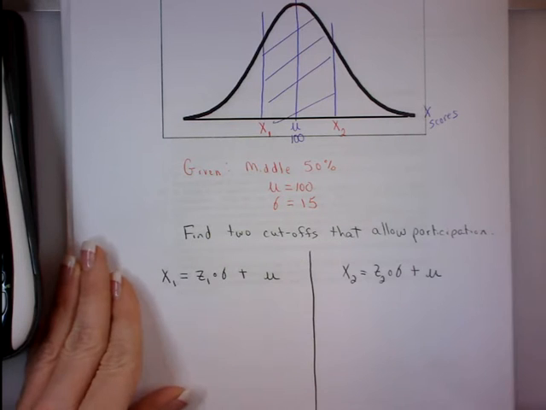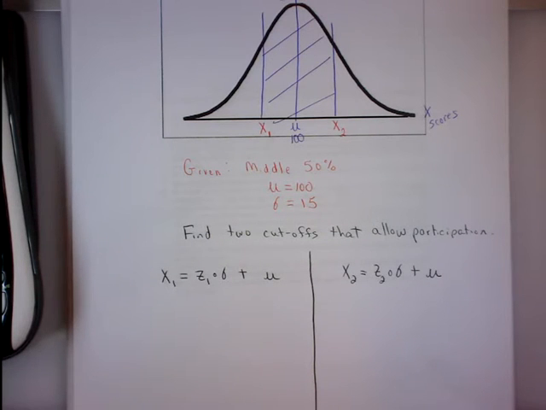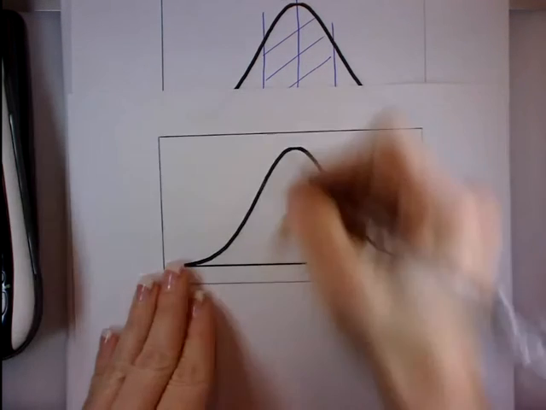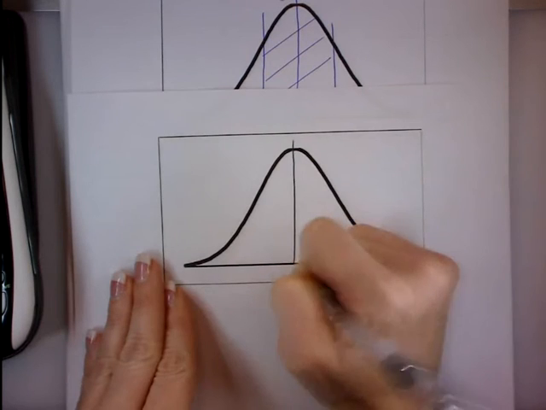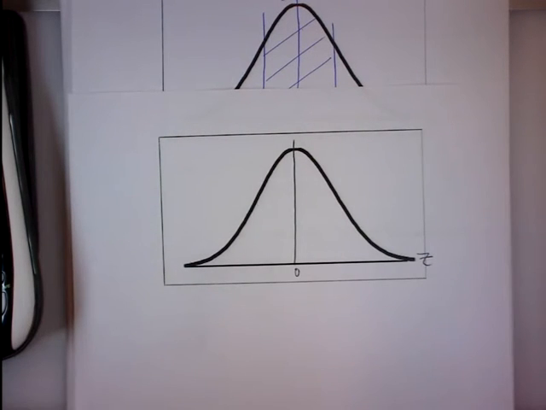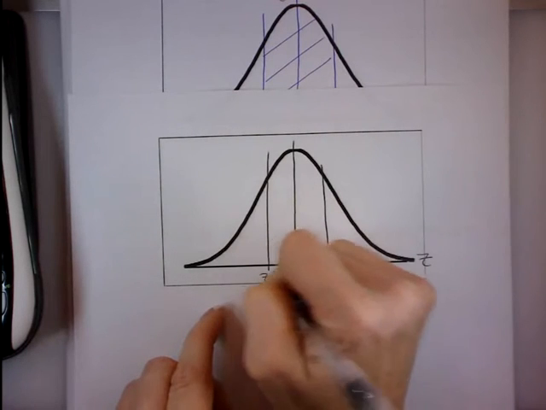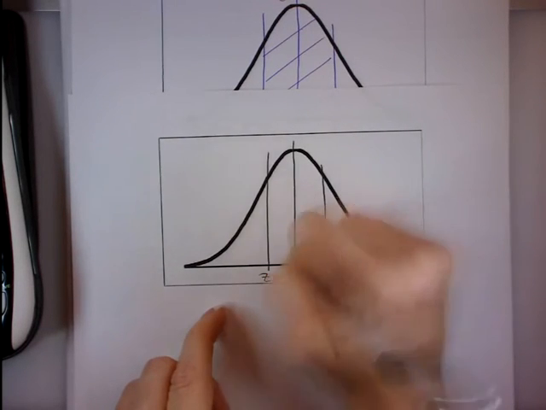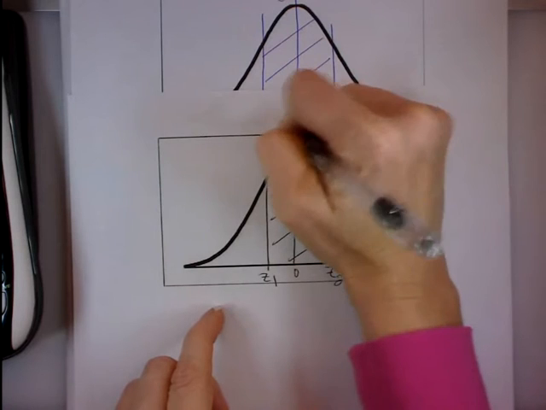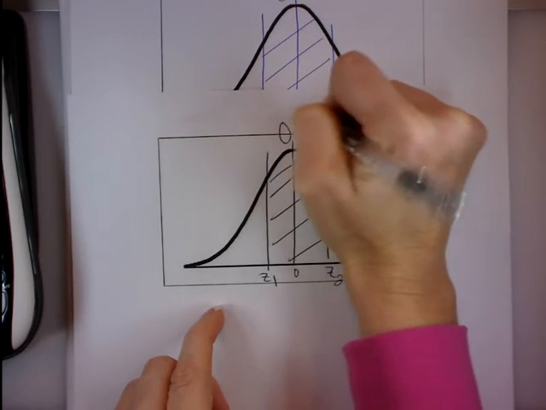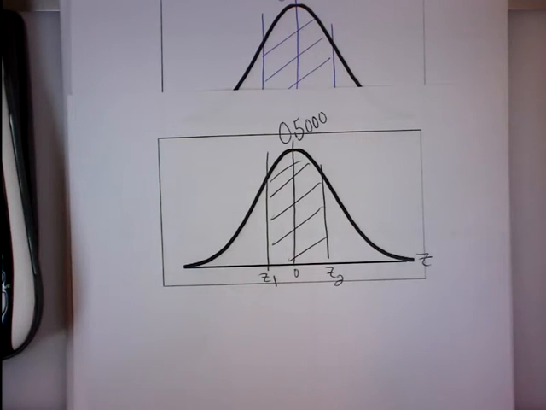So let's find the two z-scores that bound the middle 50%. So we have our z-axis, our mean of 0. Middle 50% is here. We're looking for a z1 that's negative and a z2 that is positive. So 0.5000. Now, I hope you know that each area is going to be 0.25.